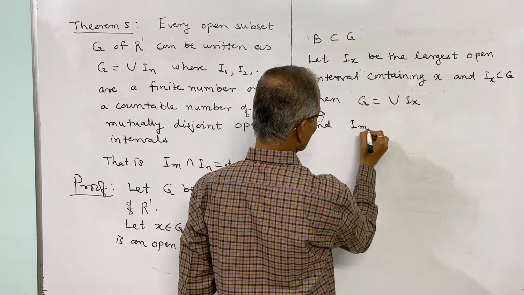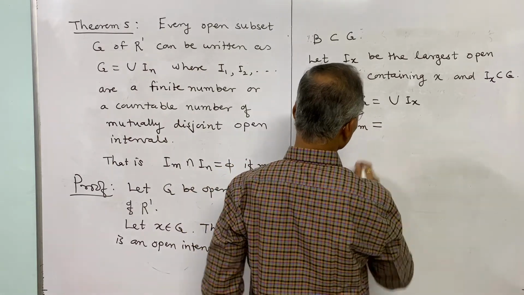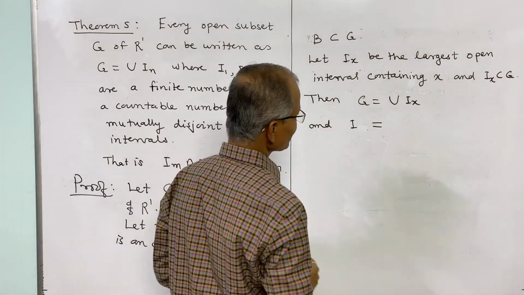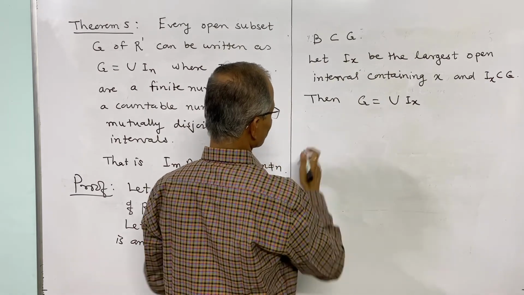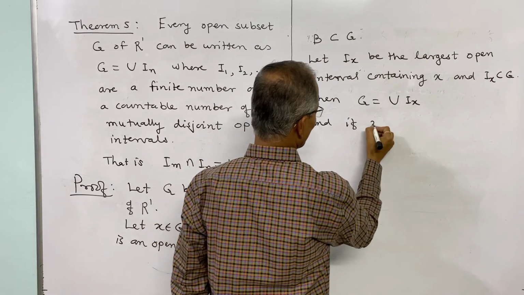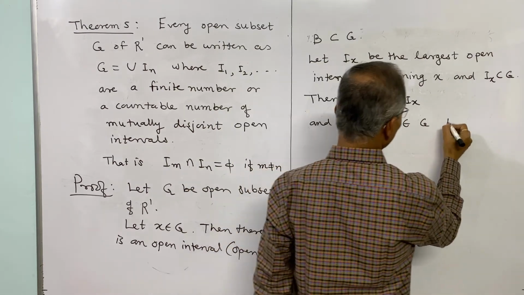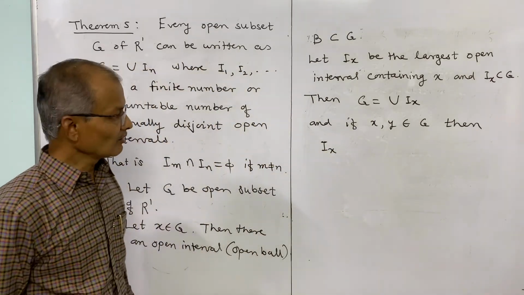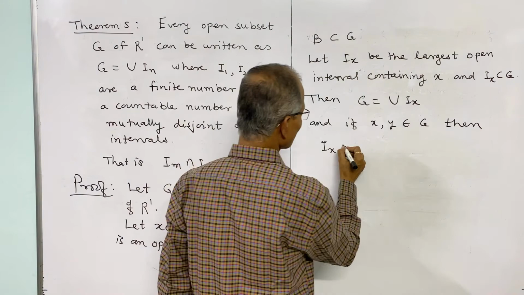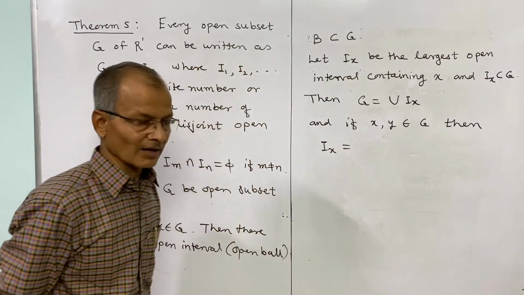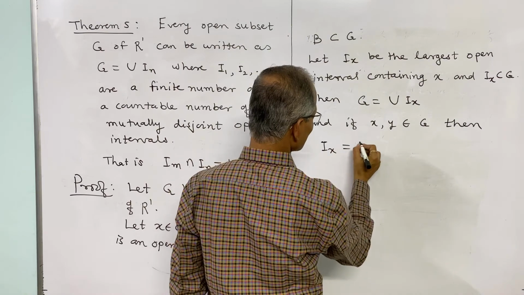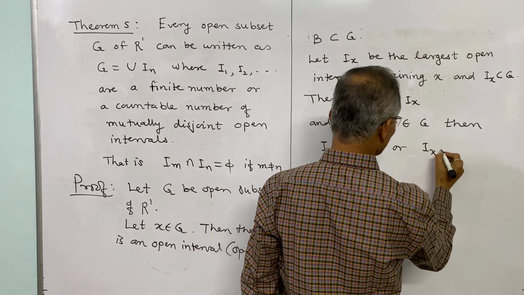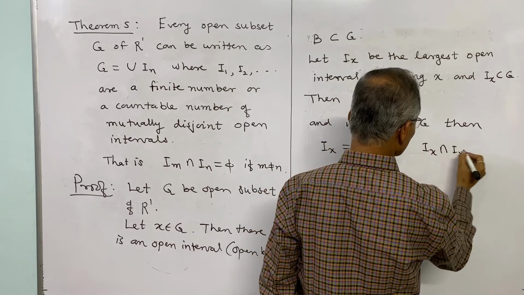If you consider x and y as two elements in G, the open interval containing x is denoted by Ix, and the interval which contains y is denoted by Iy, the largest ones. Then either Ix is equal to Iy, or Ix intersection Iy is equal to phi.